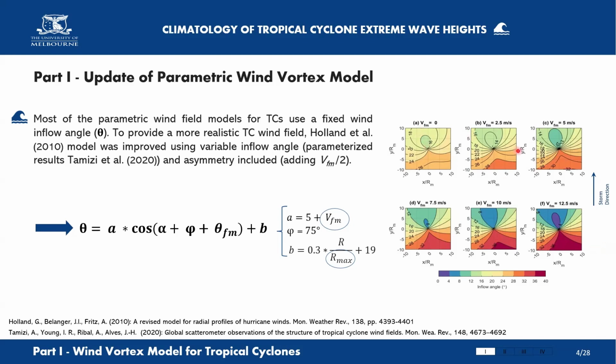We can see that when we increase the velocity of movement of the storm, the wind and flow angle decrease ahead of the storm, where the storm direction is upwards, and the wind and flow angle increase behind the storm center. And these parameterized results agree with the results from Tamiz et al.